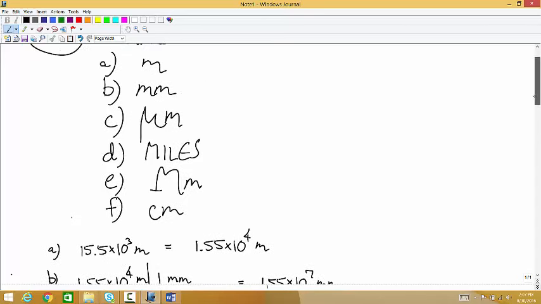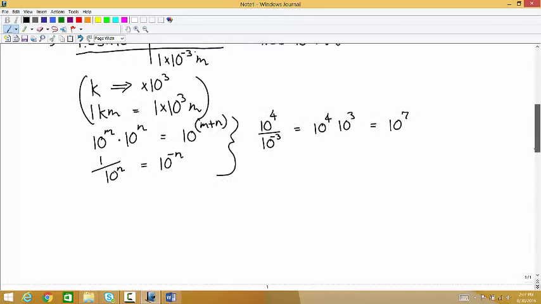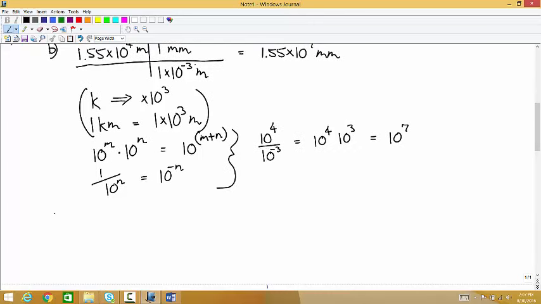And then part C, going to micrometers. So we're starting out with 1.55 times 10 to the fourth meters. And 1 micrometer, people call that a micron, but you can think of it as a micrometer, is 1 times 10 to the minus 6 meters.